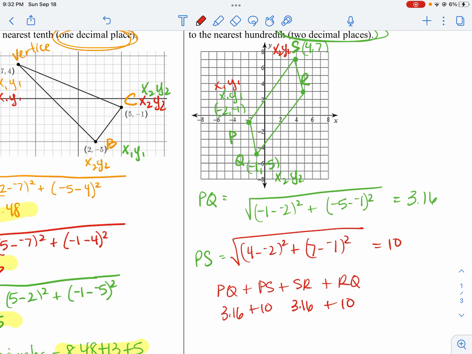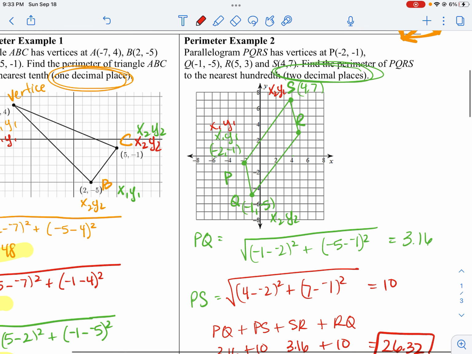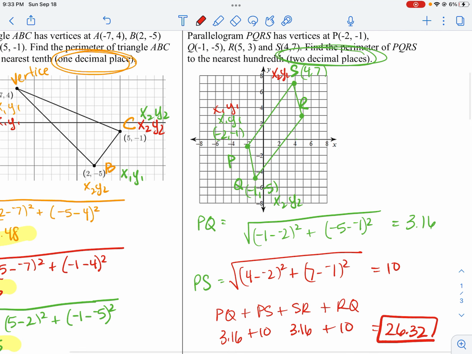So, 26.32. So I can say that these two sides are the same because they have to be parallel. And these have to be parallel. That means the sides have to be congruent. So that's why I could say that those were congruent.